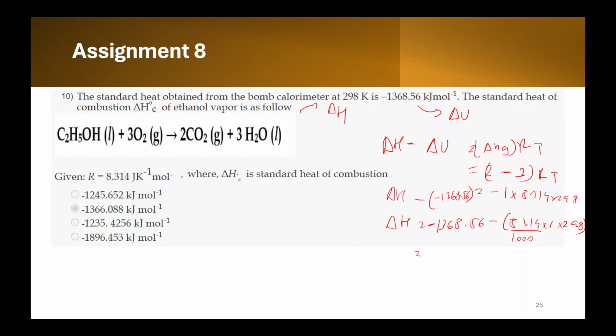So this comes out to be minus 1366.088 kilojoule per mole.